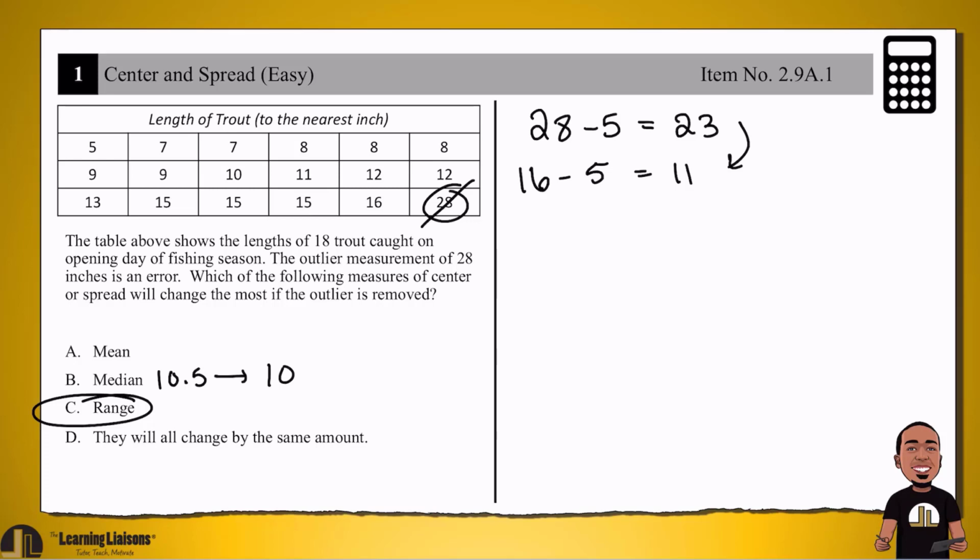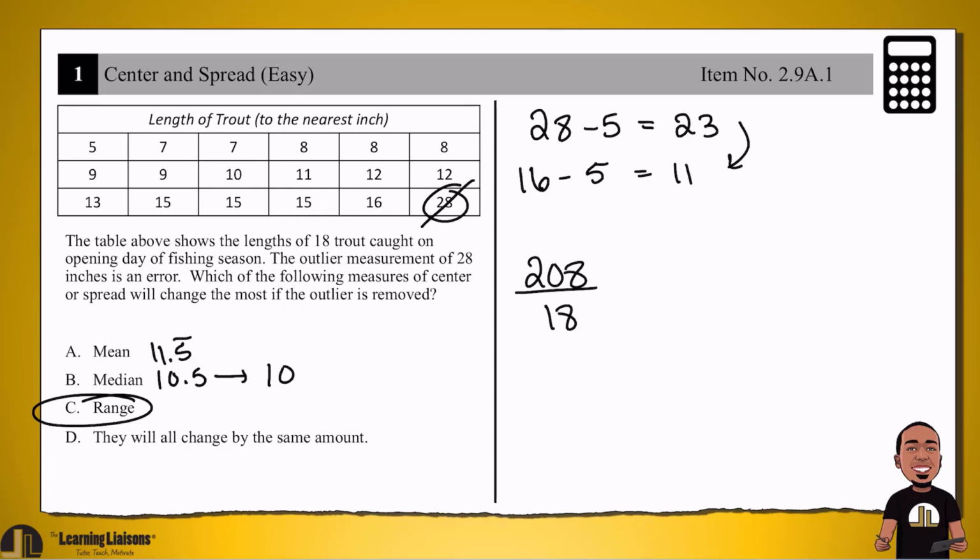The mean is add everything up and divide by the number of numbers. So you get 208, and you have 18 numbers. I'll grab that in my calculator, and that gives me about 11.5 repeating.